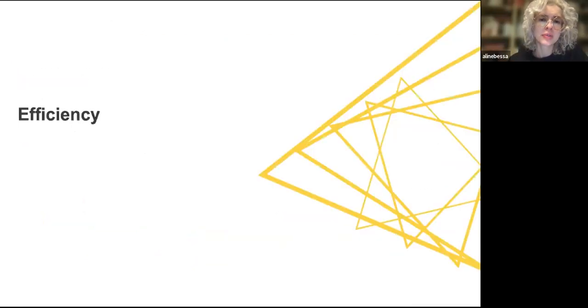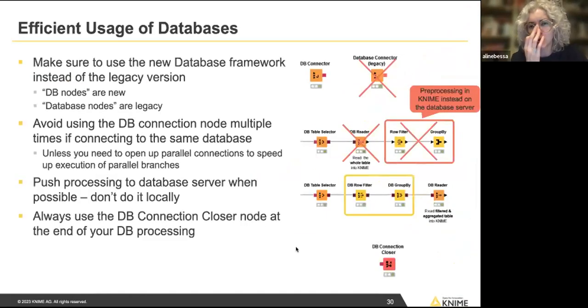Now, before showing the demo, I want to talk a little bit about efficiency, just good practices that you should be aware of. When you're using the database extension in KNIME, make sure that you're using the new database framework instead of the legacy versions. Because KNIME is retrocompatible, you are going to have a lot of nodes that have the word legacy in parentheses.